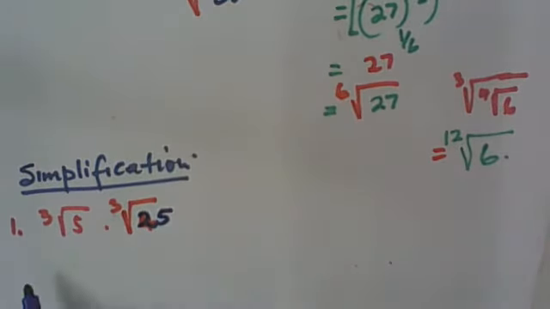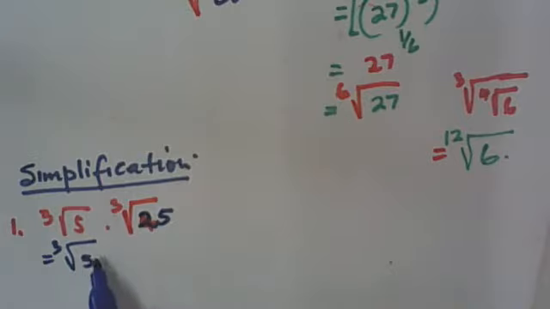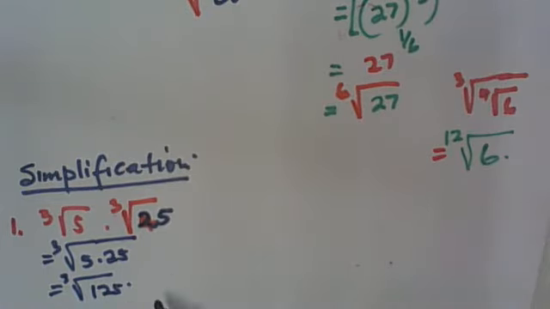Now what do we do? The cube root is common, then that will be 5 multiplied by 25. And then this will be the cube root of 125, which is equal to 5.